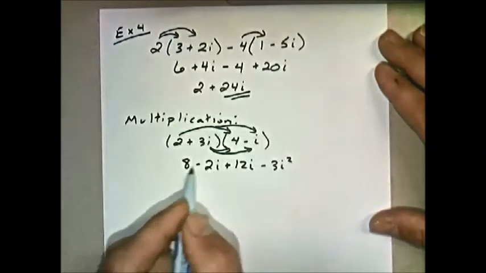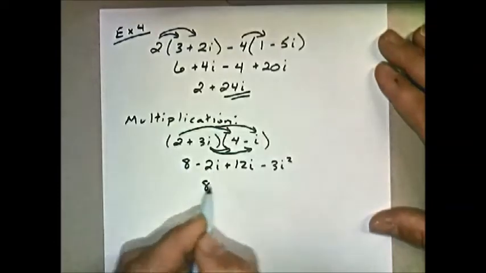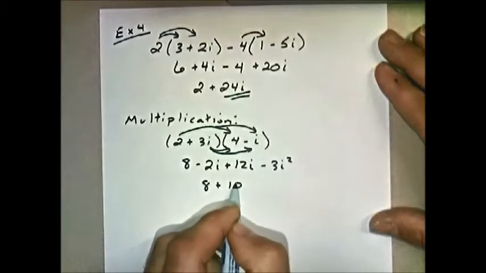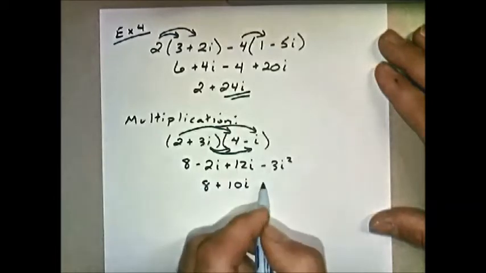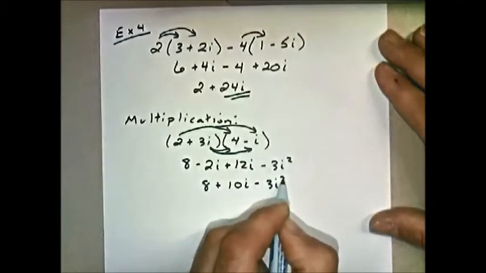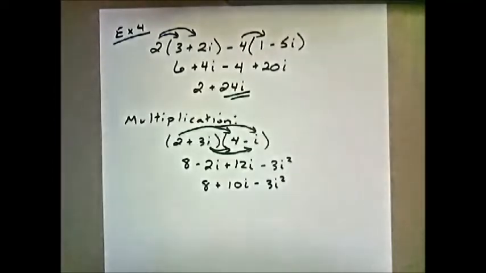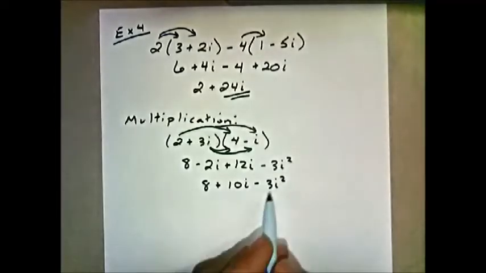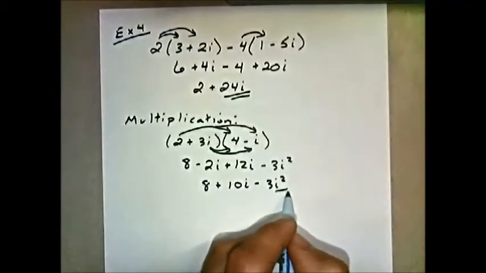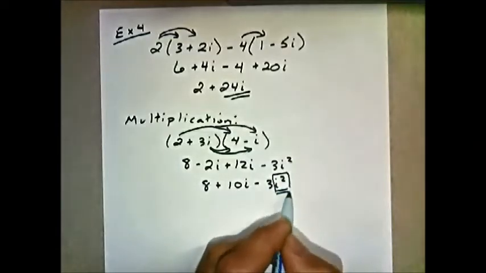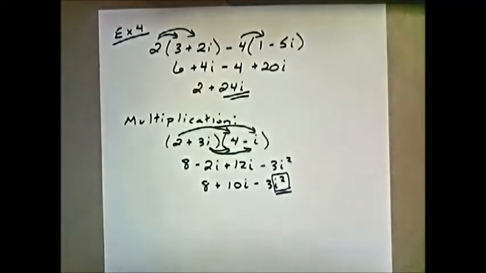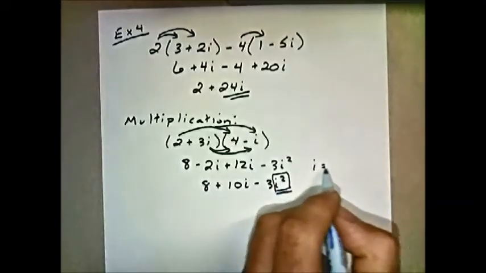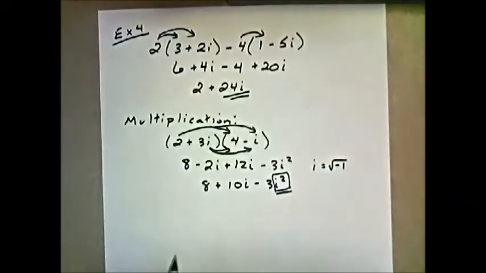We can combine like terms just as before. So we have 8 plus 10i minus 3i squared. And most of us would say, hey, this is done. However, let's examine a little more this i squared here. Remember i equals the square root of negative 1.